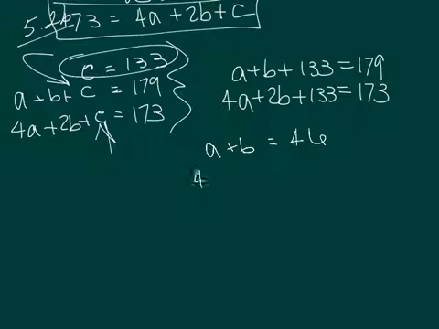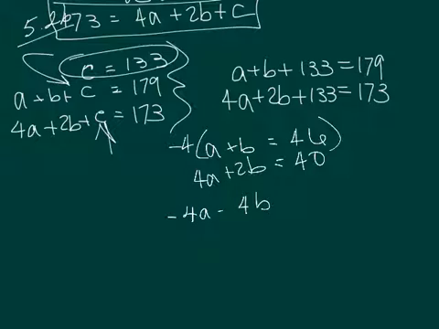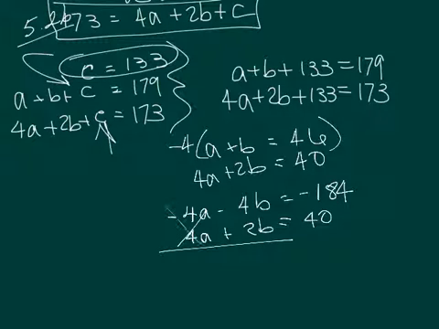And the bottom one, I get 4a plus 2b equals 40. I'm going to multiply the top by negative 4. So I get negative 4a minus 4b equals negative 184. The bottom stays the same. Add those, my a's disappear.